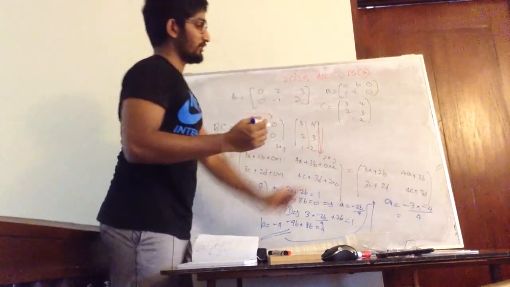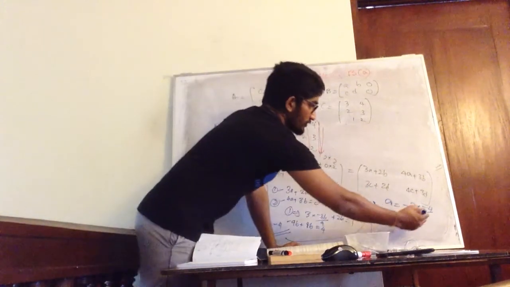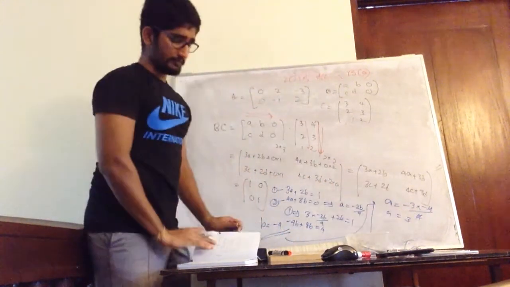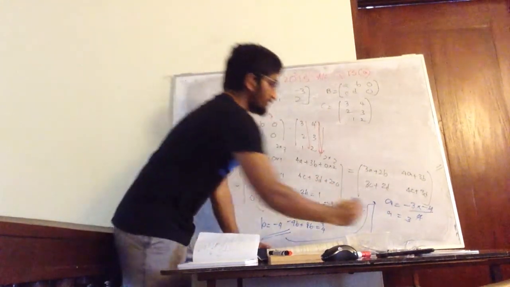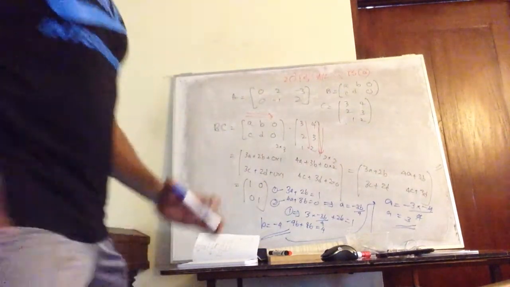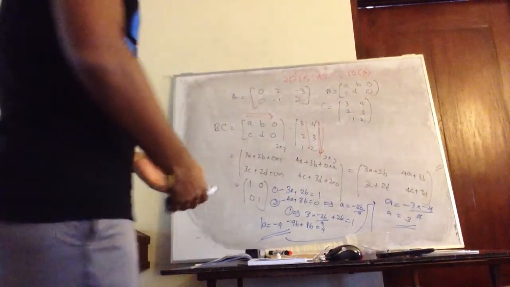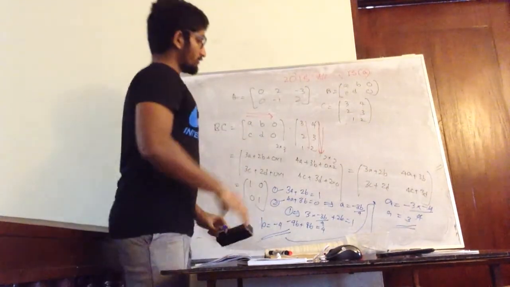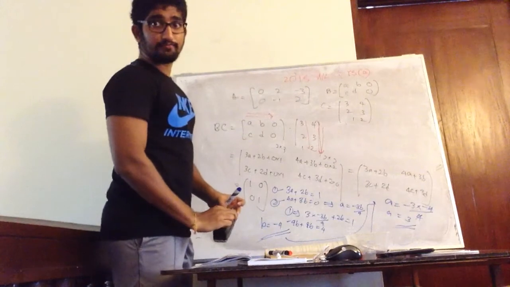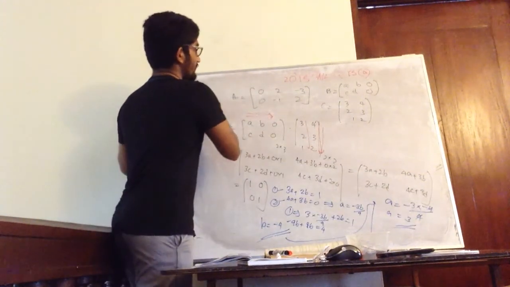What is this now? It is going to be positive, so positive 3. So I got the A and B answers for now. Write this down. So now we have got A and B, and we need to find C and D.